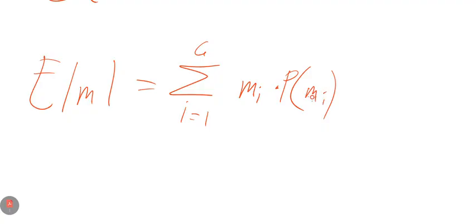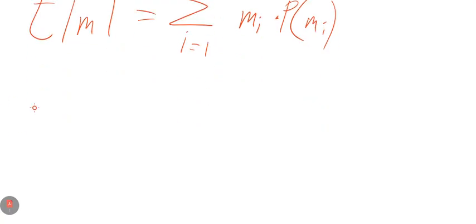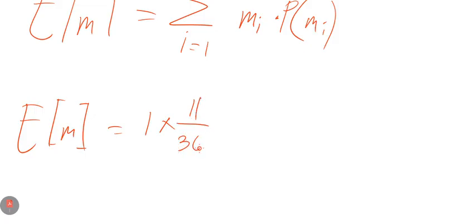Okay. Now let's try to use it here. Okay. So given those probabilities we have here and the number, then we're going to multiply. Okay, for the average. Okay. So let's go ahead for getting the value for m, or the f. So that's going to be 1 times 11 over 36.